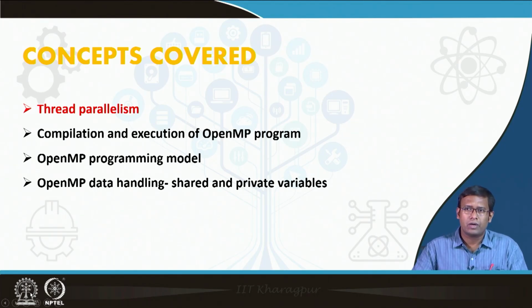And we looked from a programmer's point of view, in a sense, at how these threads can interact, how these threads can write data to memory systems, some features like this.